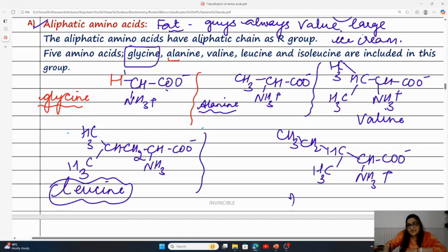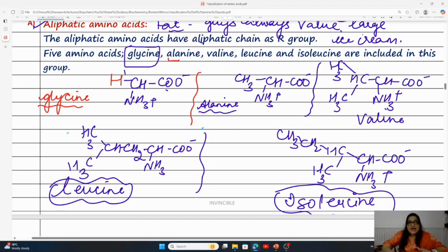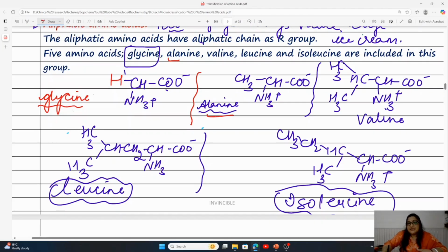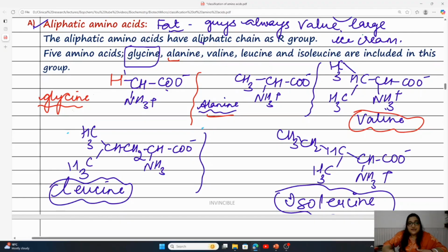So this is the structure of isoleucine. So here we clearly understand the sequence as we move forward: glycine, after glycine alanine, then valine, then leucine, then isoleucine. So these are the structures of the aliphatic amino acids.